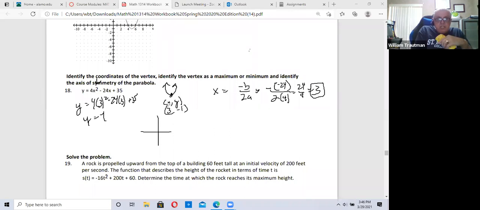So this graph should have a vertex at x 3, y negative 1, right here. It should be in this location. So if you had these to choose from, this is the correct one because it has a vertex at x 3, y negative 1.